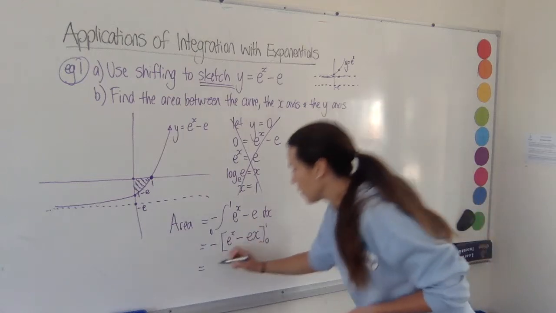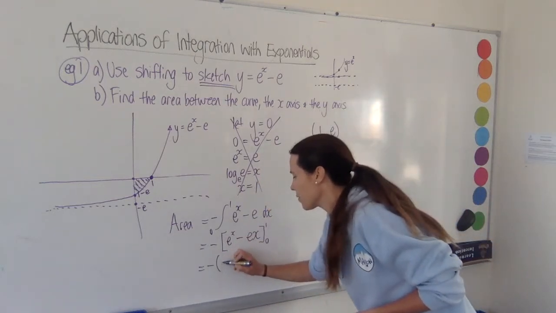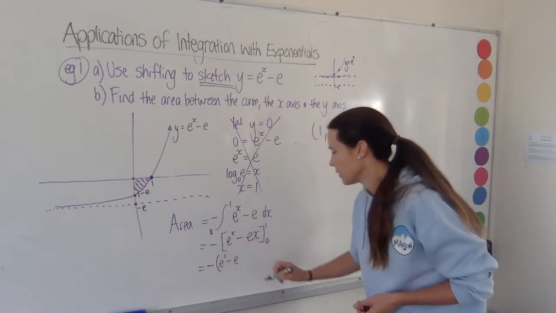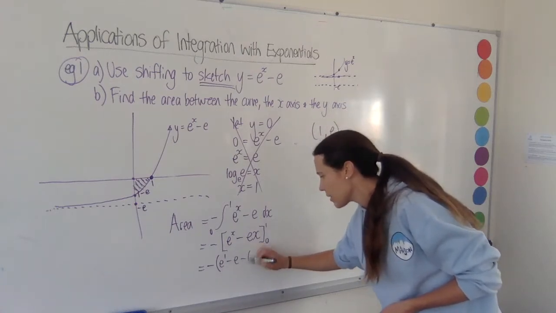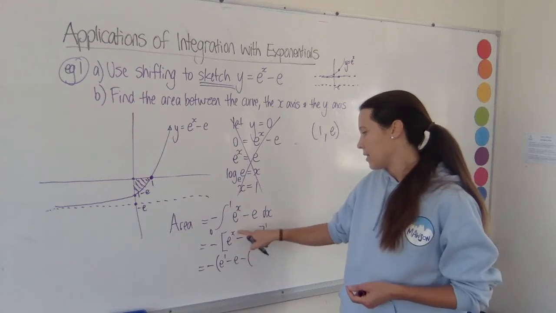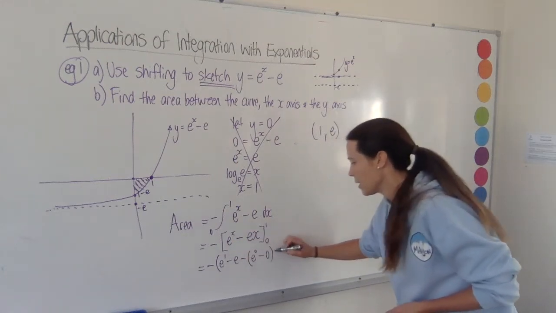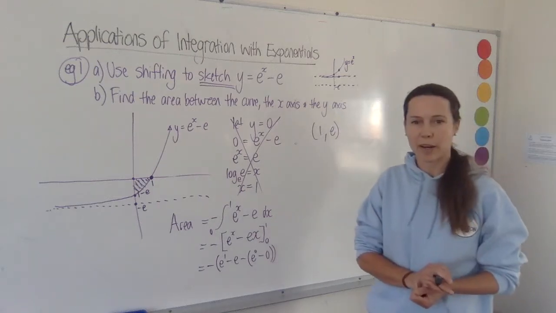So I've got a negative out the front, and then I've got e to the power of 1 minus e, and then I have minus, I need some more brackets now, e to the power of 0 minus 0, and then close brackets. There's quite a lot of brackets there.